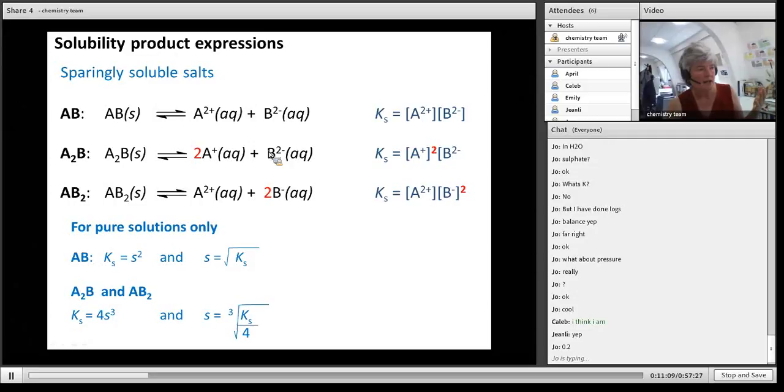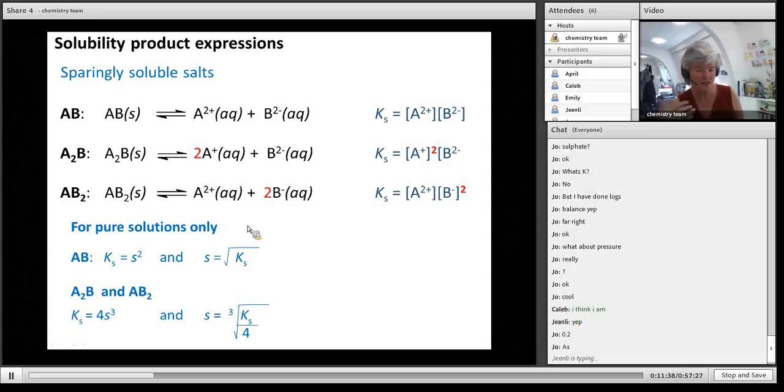But I'm forming twice as much of A plus, so this will be 0.2. So what you substitute in for A plus is 0.2. You double A and you square it, so it's two things you have to do to it. Whereas for B2 minus, you just put in the 0.1.